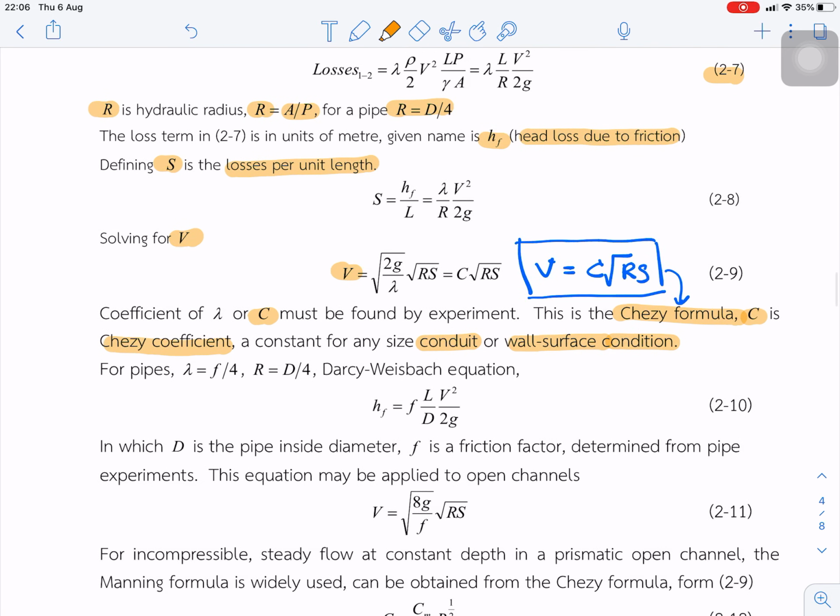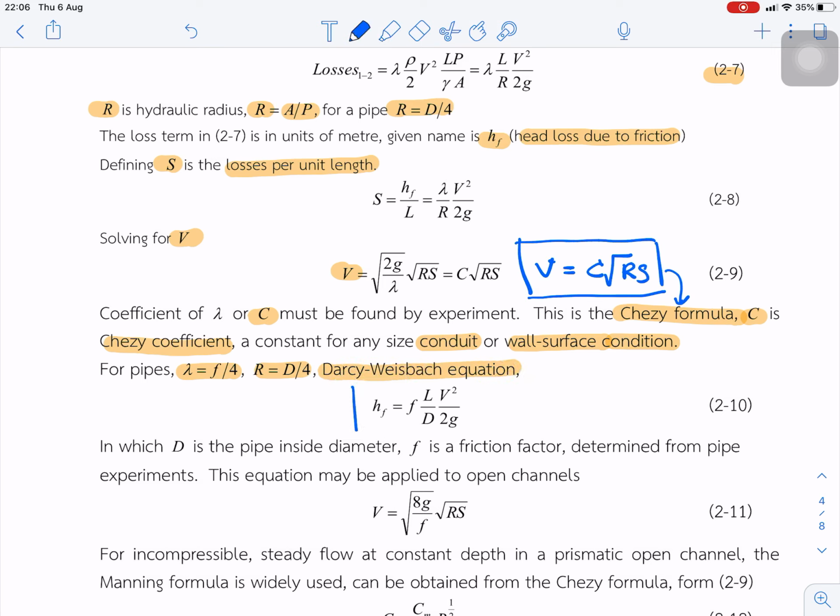For a pipe, lambda is equal to f, the friction factor, divided by 4, and the radius equals diameter divided by 4. Next we develop the Darcy-Weisbach equation.